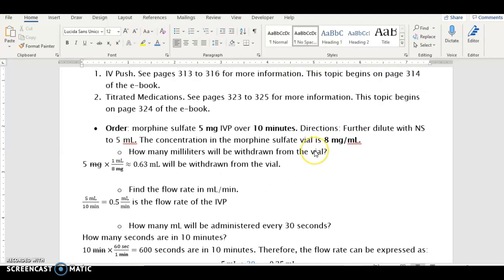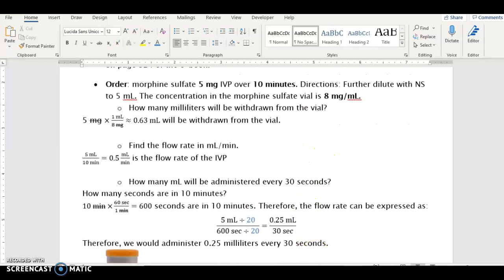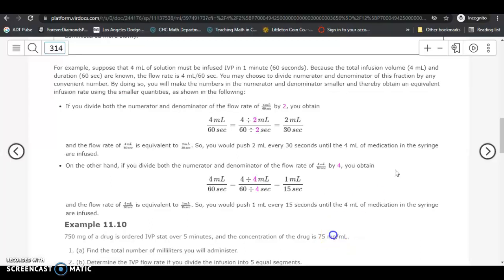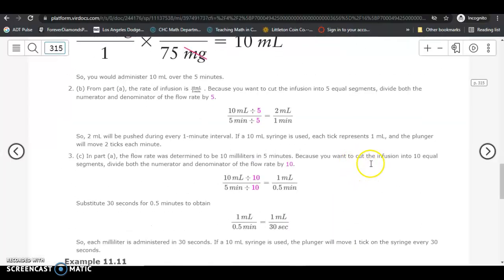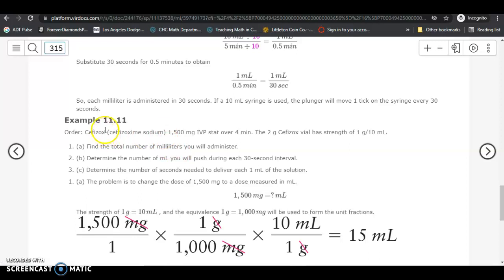Okay, so let's try another example of an IV push. Let's do example 11.11.